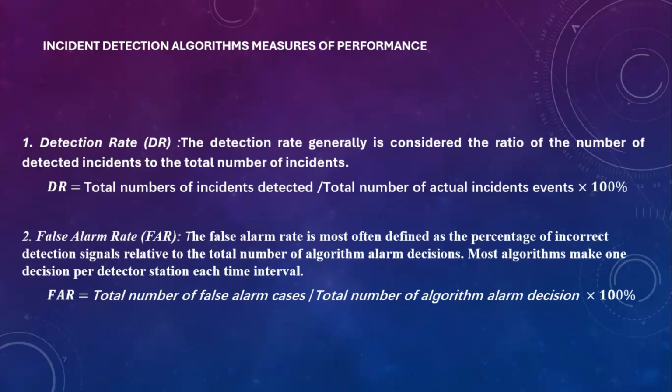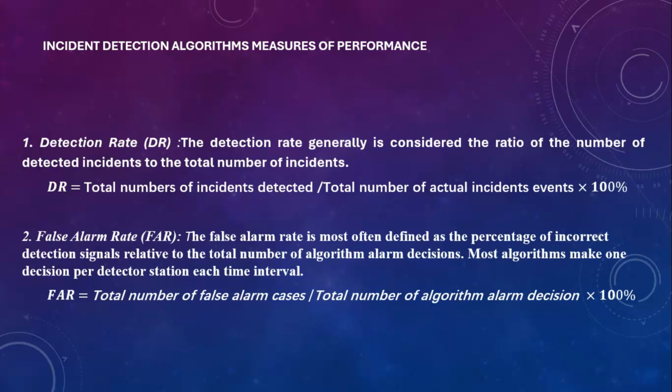So you can only know the detection rate of any algorithm by calculating it based on the total number of incidents detected by that method over the total actual incidents that happen on the road, times 100. That will give us the detection rate. For any algorithm or method, the higher the detection rate, the more efficient or effective that particular algorithm is.